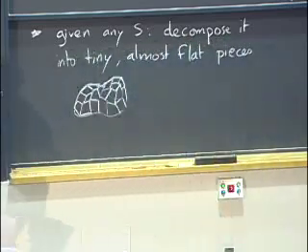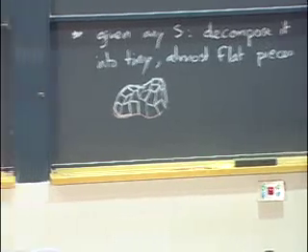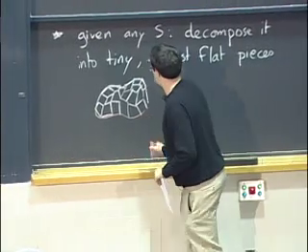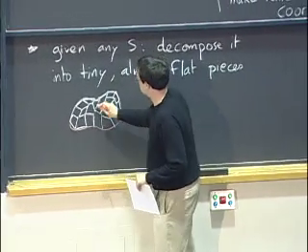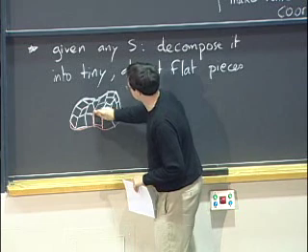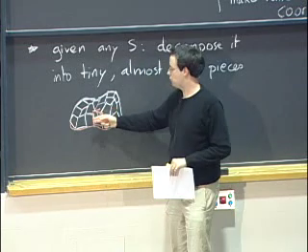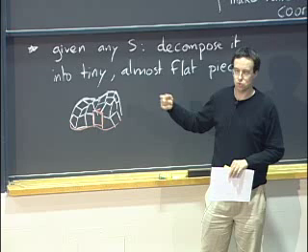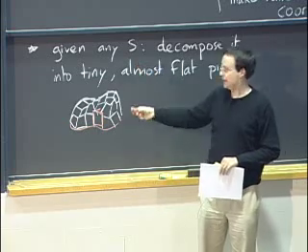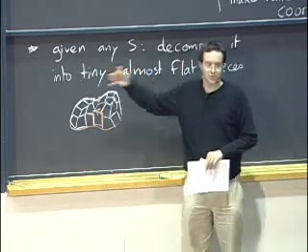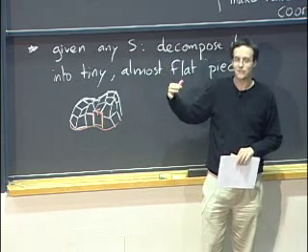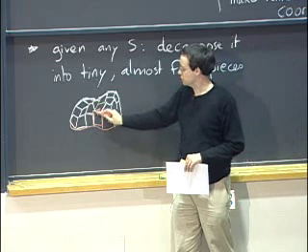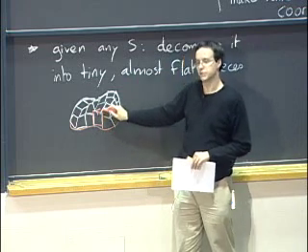What it says on each small flat piece is that the line integral along, say, for example, this curve is equal to the flux of the curl through this tiny piece of surface. And now I'll add all of these terms together. If I add all of the small contributions to flux, I get the total flux. What if I add all of the small line integrals? Well, I get lots of extra junk because I never asked to compute the line integral along this.